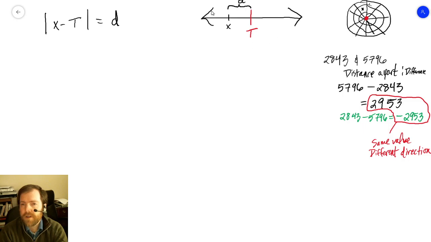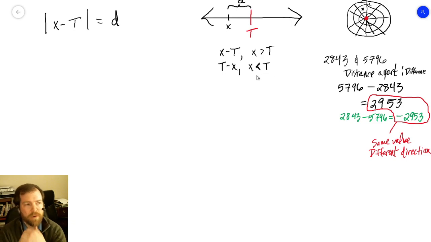All right, so where does that come in up here? Well, this means that we could take x minus t, but again, we are going to make a preference that x is going to be greater than t. Or we could take t minus x when x is less than t.